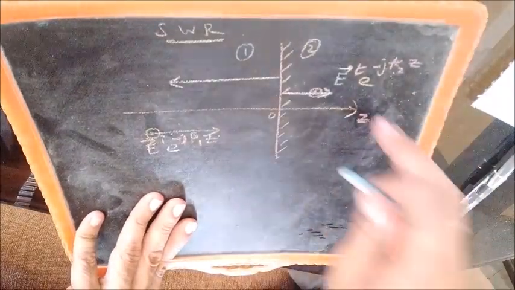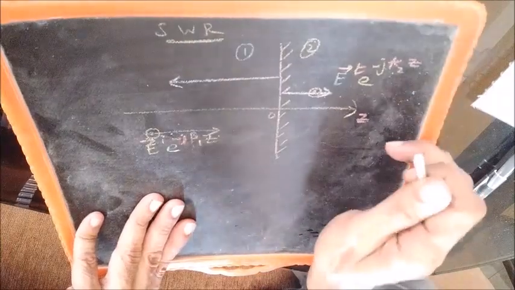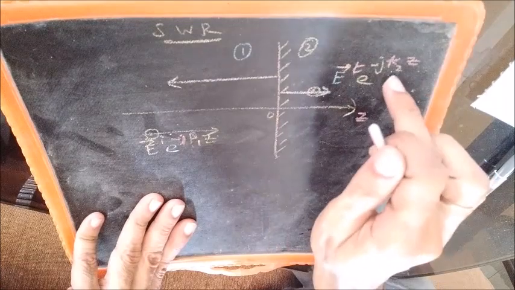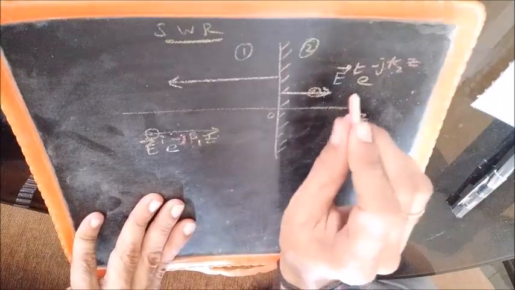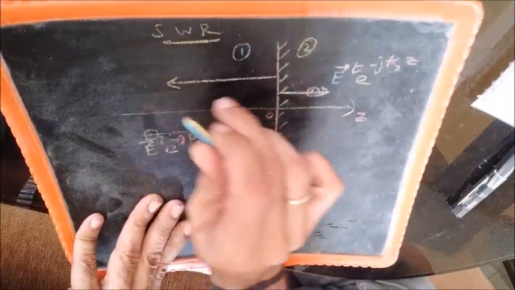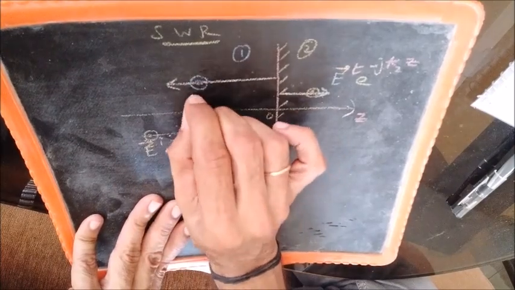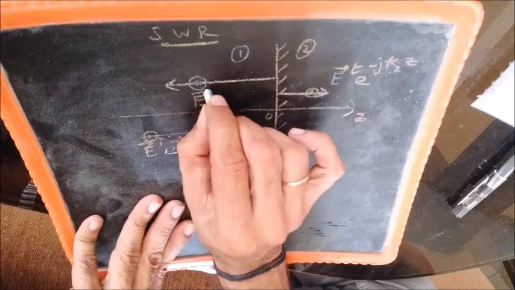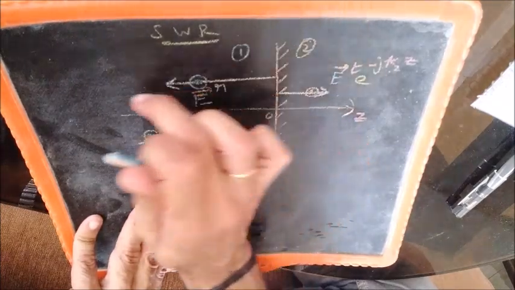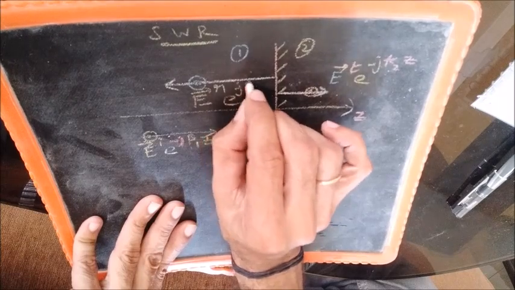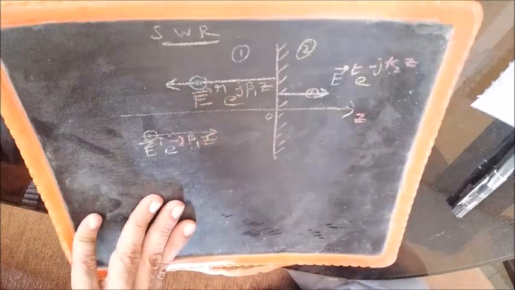We use k2 here because this region may or may not be a dielectric, so alpha may or may not be 0. The subscript 2 says that it is in region 2. And the reflected field can be expressed as E superscript r, and since it's propagating in the negative z direction, e raised to j beta 1 z.